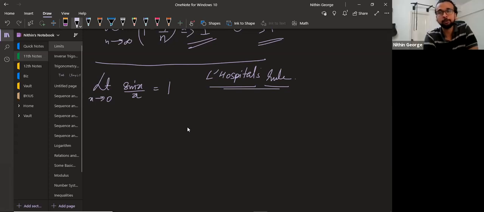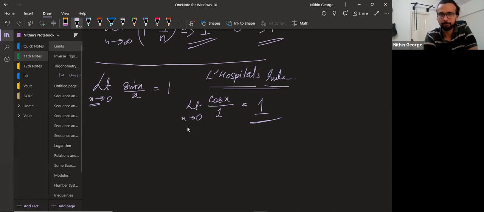So whenever you get 0 by 0 form, if it's a numerator by denominator form, differentiate the numerator and the denominator separately. What does the numerator become? It becomes cos x. The denominator becomes 1. You're differentiating with respect to x here. Now, what is limit x tends to 0 cos x? Cos 0 is 1. That's it.